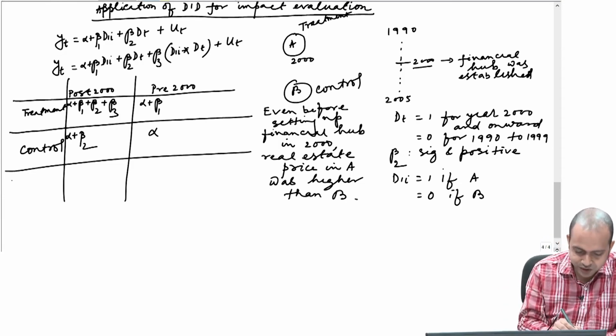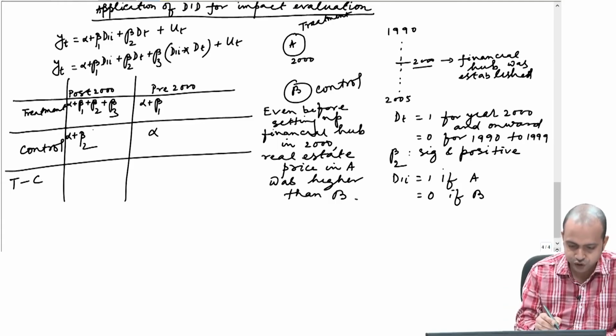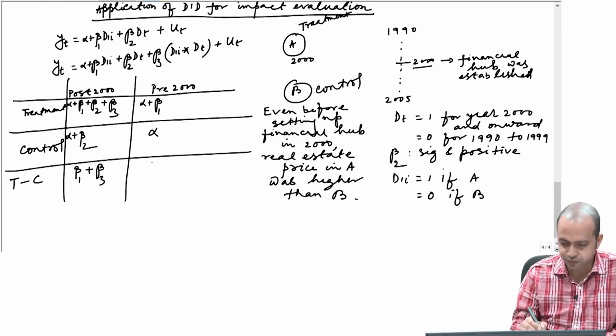Now I would say treatment minus control for post. If you take the difference in this, alpha will get cancelled, beta 2 will get cancelled, this would become beta 1 plus beta 3, and this would become beta 1.